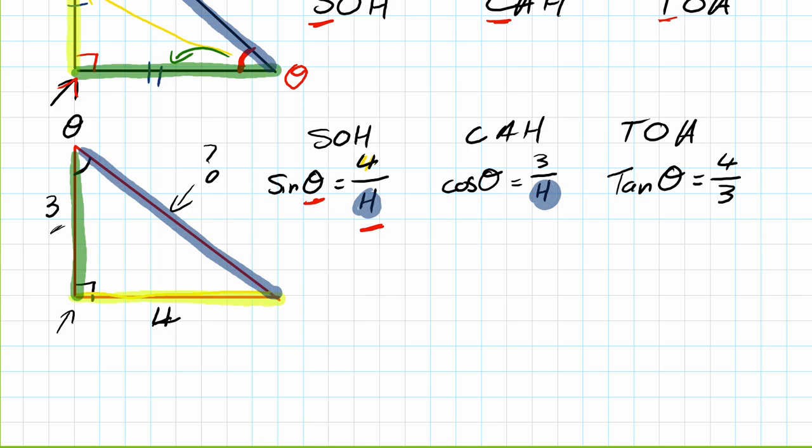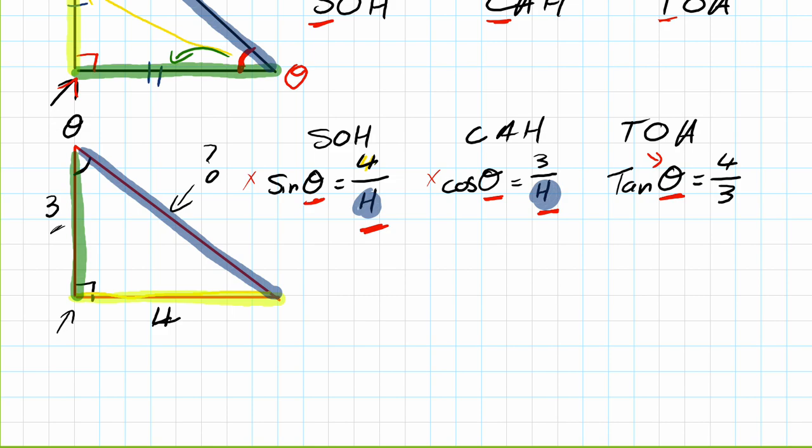I have 2 unknowns, so I don't have enough information to use sine, so I actually can't use sine yet, even though hypotenuse is a part of it. Cos, same idea. I have 2 unknowns. Even though hypotenuse is a part of it, I can't use it to solve. Tangent, I only have 1 variable, but the hypotenuse isn't part of it. So it just so happens I'm going to have to find what this angle is equal to first, then I'll be able to use the other ones to solve for the hypotenuse that we're looking for.